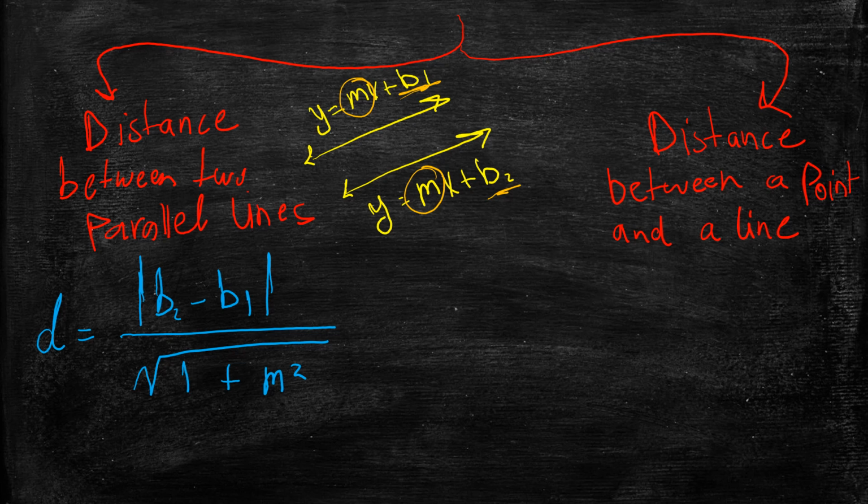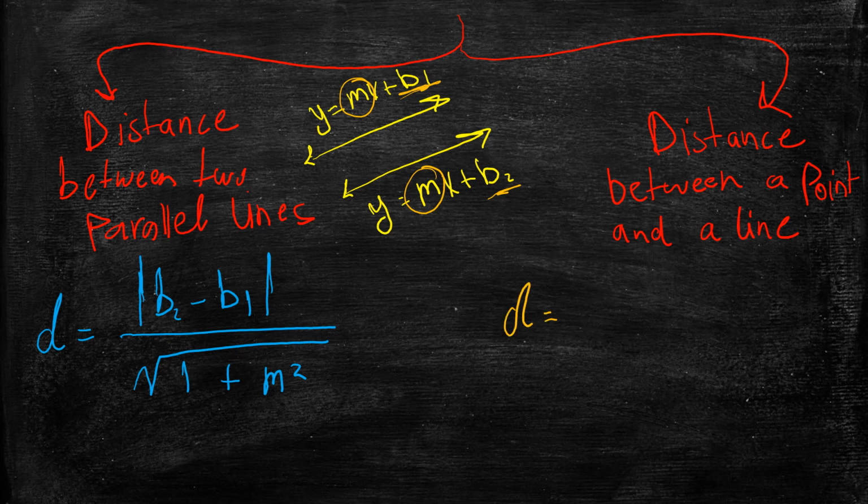What if I want to find the distance between a line and a point, a given point? Which formula can I use here? In this case, we're going to use a different formula.